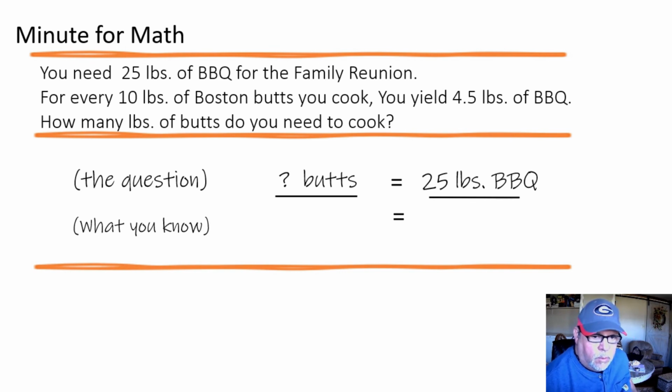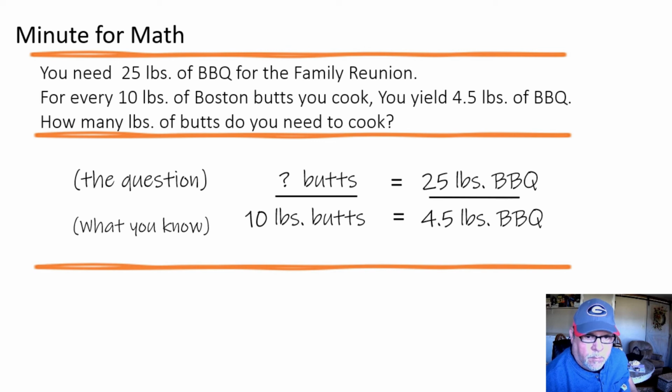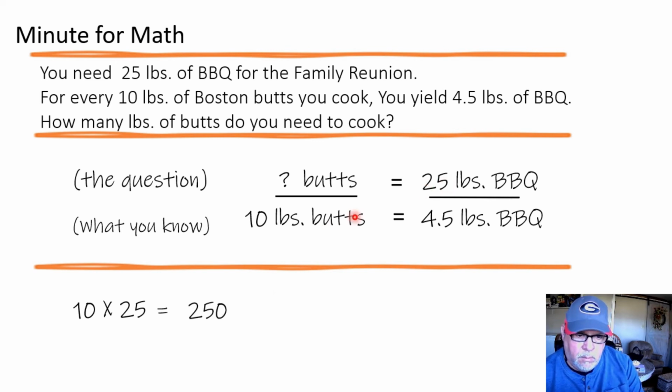Alright, so what do we know? We know that 10 pounds will yield 4.5. Alright, so we got our information put in the right spot. Then you work the problem. 10 times 25 equals 250.